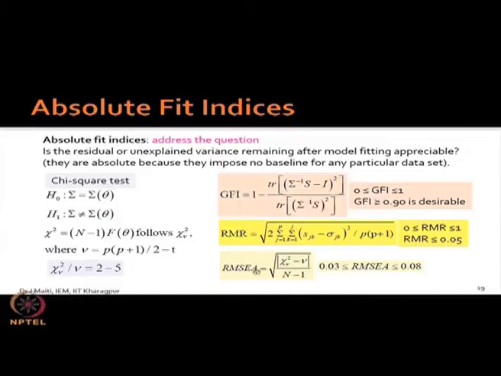And for RMSEA, root mean square error of approximation, this is the modulus of chi-square minus its degrees of freedom, divided by n minus 1. It is seen that a range of 0.03 to 0.08 indicates substantial improvement. Okay.